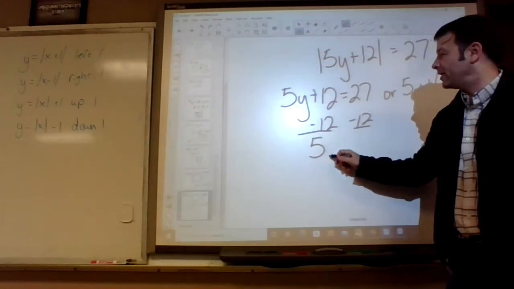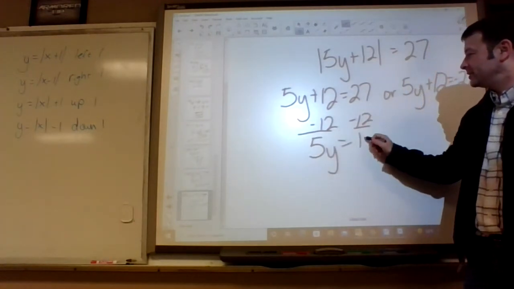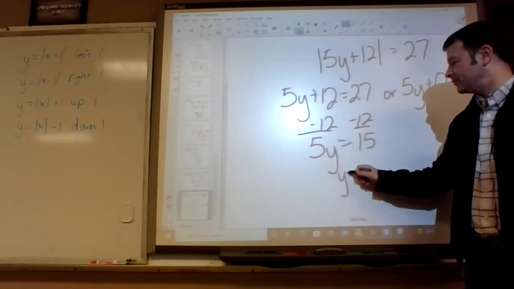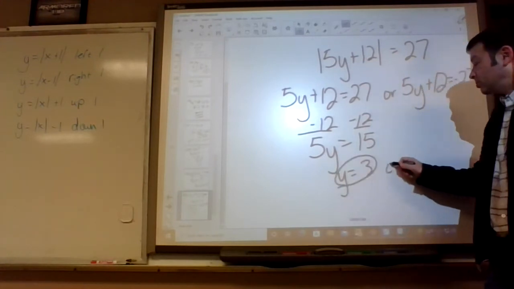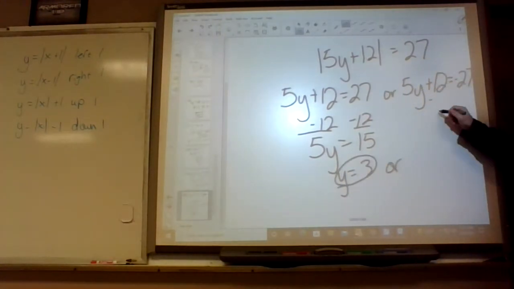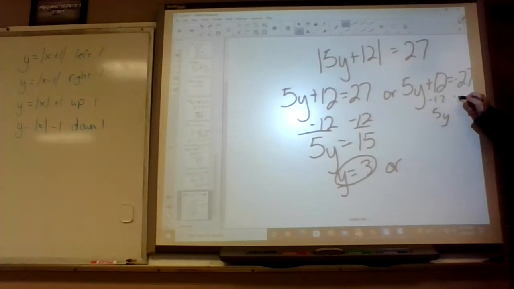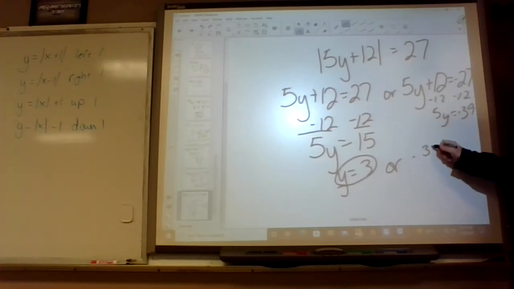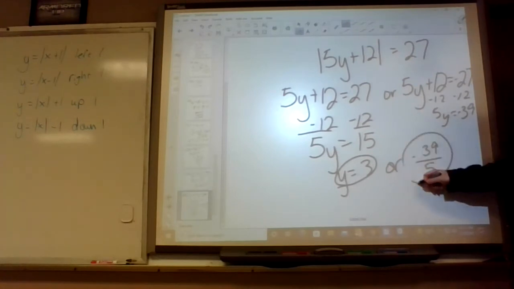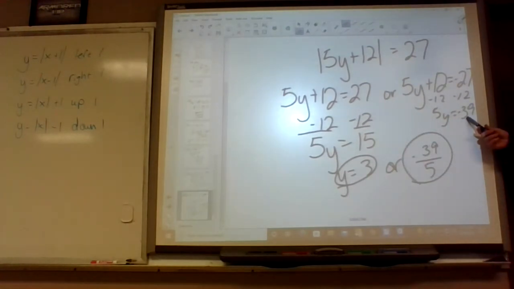Okay, anyway, 5y equals 15, divide by 5, y equals 3. Or, minus 12, negative 39. What's negative 39 divided by 5? Negative 39 fifths. Don't plug that in your calculator. It doesn't work. So just leave it as a fraction. Don't really want the decimal, although I would not count the decimal wrong.